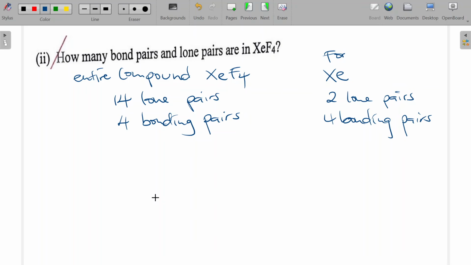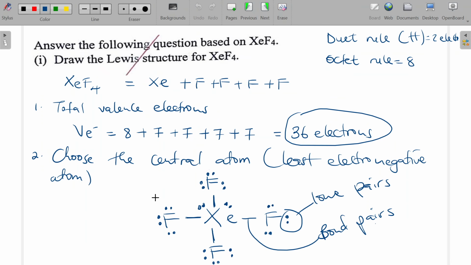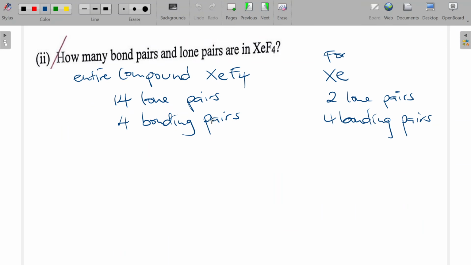Where are those 14 lone pairs coming from? So the 14 lone pairs, I calculated, since they said, for example, in this question, how many bond pairs and lone pairs are in XeF4, xenon fluoride.